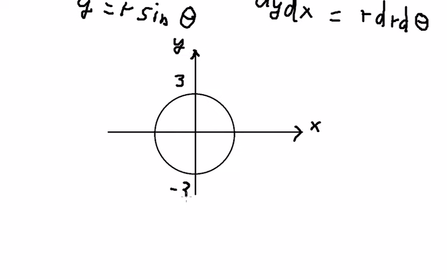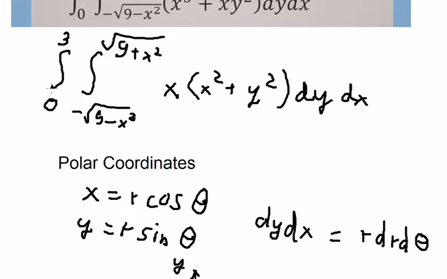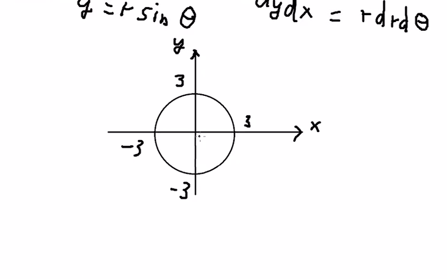This is negative number 3, and number 3. So we see that y is between this curve and this curve, and we know that they start only from 0 to number 3. So this is from here to here. So that means we got this area.